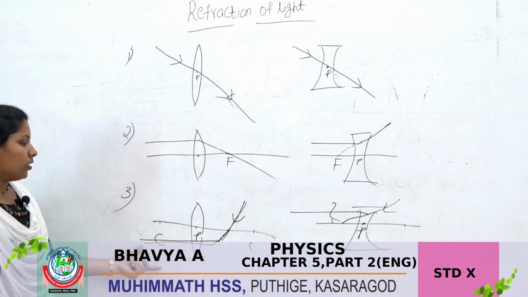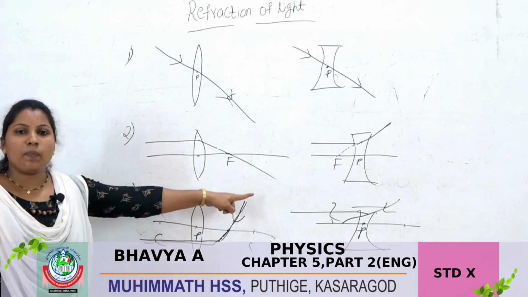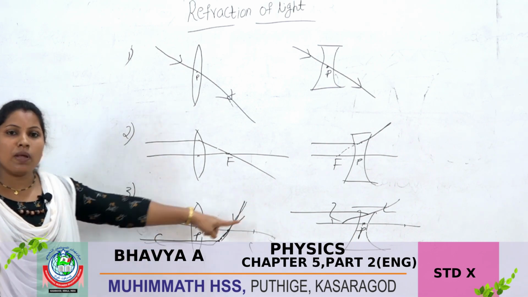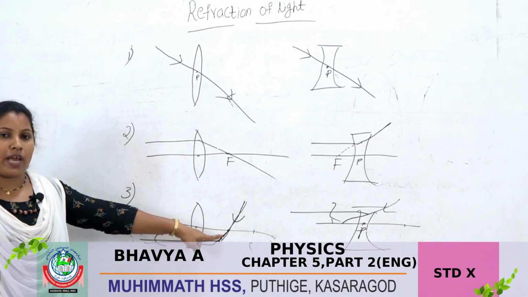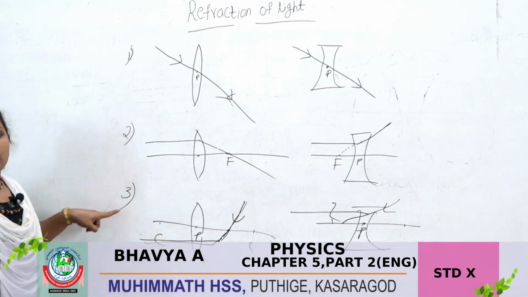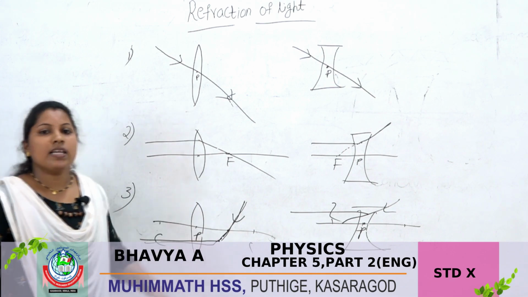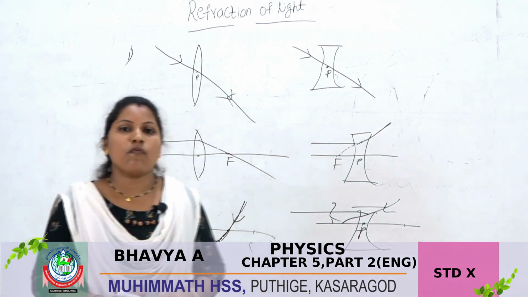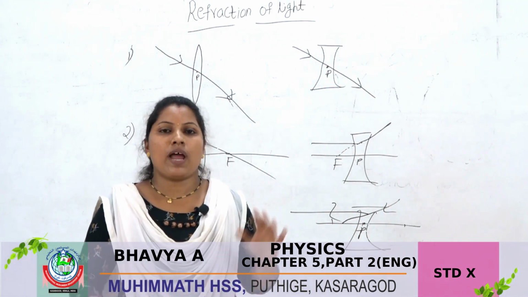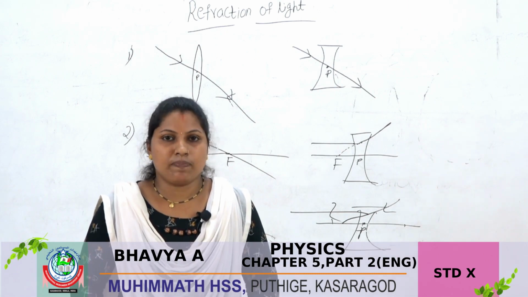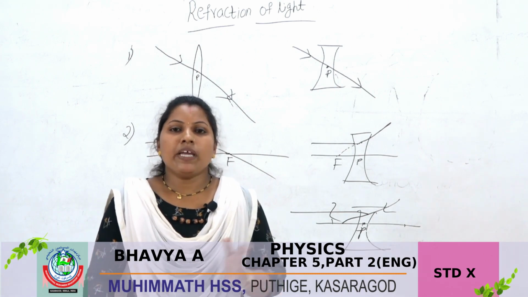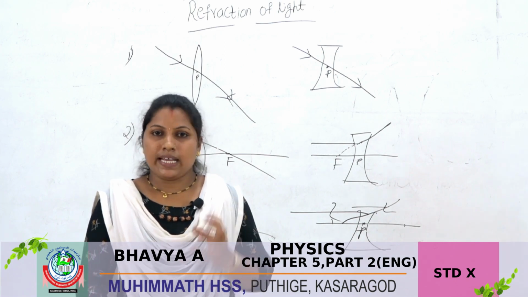In the third rule, when a ray of light passes through the principal focus, after refraction it passes parallel to the principal axis. These are the three rules followed when a beam of light passes through a lens. Next, the remaining portion we will continue in our next class.